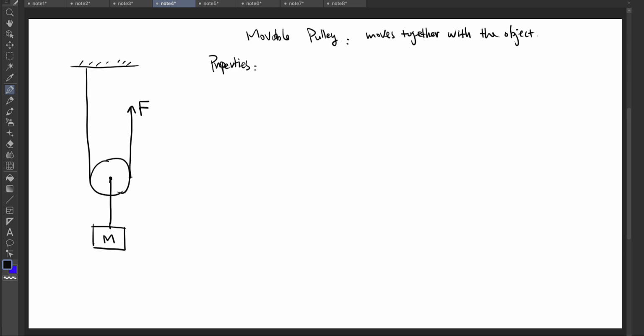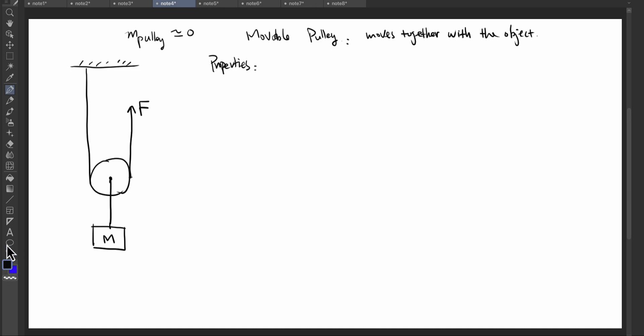Now we still have that ideal pulley condition, meaning the mass of the pulley is negligible. So let me write this down. It's almost 0, meaning when you compare to the mass, capital M, it is negligible. That's very small.